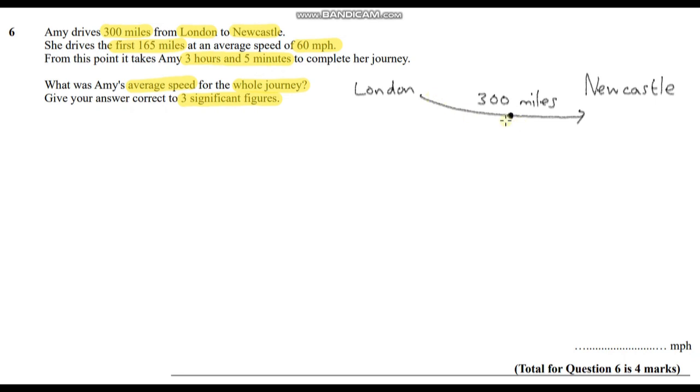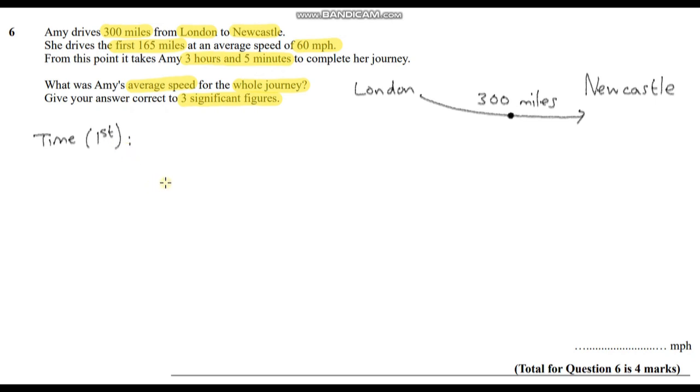So this distance here, she travels at an average speed of 60 miles per hour. So we can work out how long it took to go from London to this first point. So the time, and I'm just going to put in brackets first because it's the first part of the journey. So how do we work out the time?